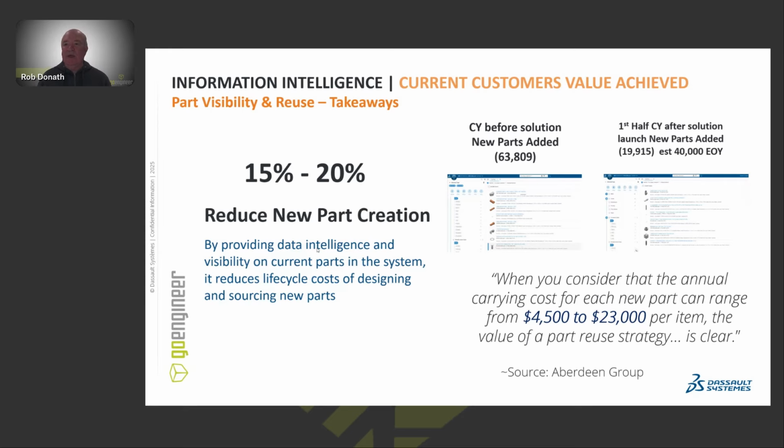And half a year after they started using this tool across the board, extrapolating the new parts that got added would have come out to about 40,000. So that's a reduction of 24,000 new parts that didn't get created, or wouldn't be created by the end of the second year, which is probably closer to a 30% reduction in their particular case. Once again, the cost of this is pretty clear to the organization.